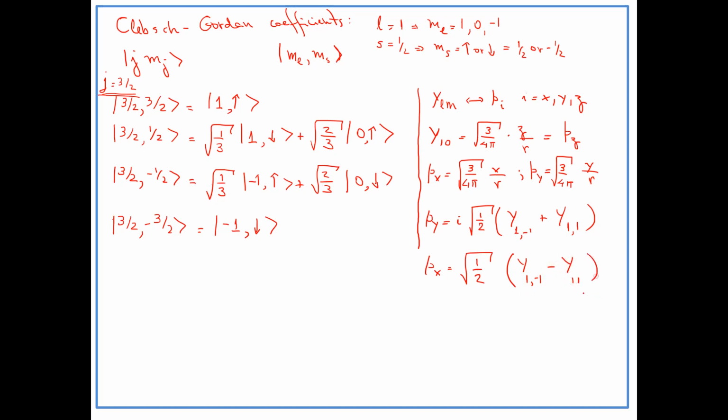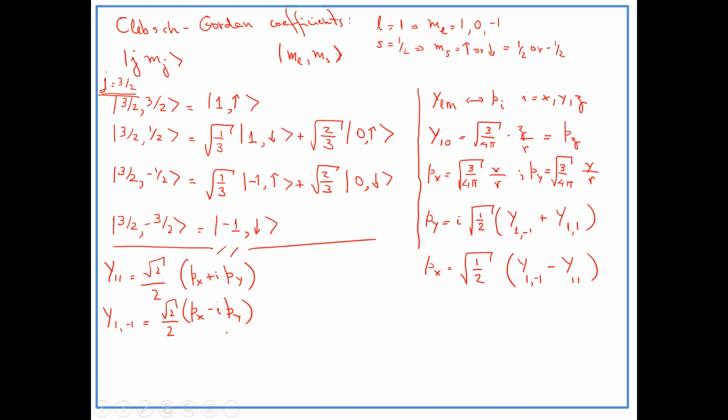If I can now invert this and write the spherical harmonic Y_1,1, with L equals 1, ML equals 1, as root 2 over 2 of (px plus i py), and Y_1,-1 as root 2 over 2 of (px minus i py).